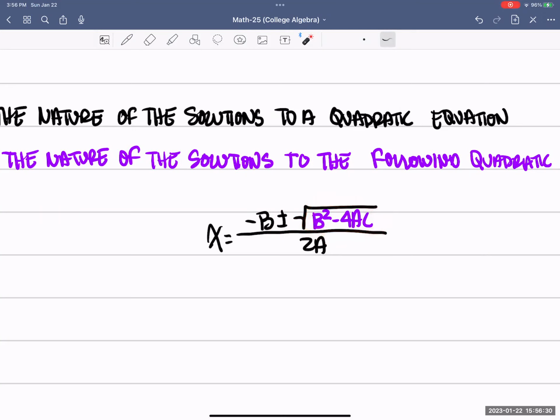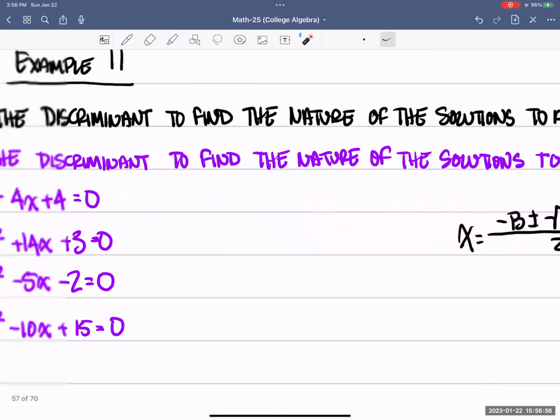If it's a positive number, we have two real solutions. If it's a negative number, we have two complex solutions. And lastly, if it's equal to 0, we have just one solution. So we plug it into just this part: b squared minus 4ac.